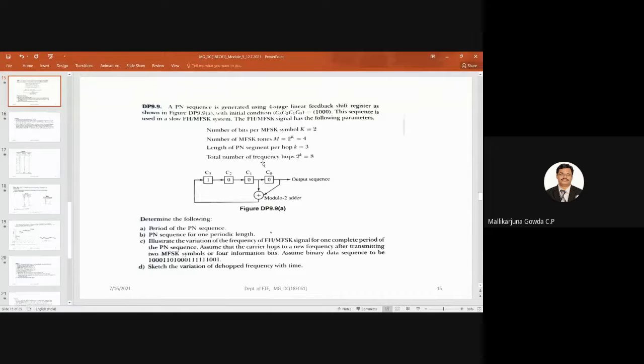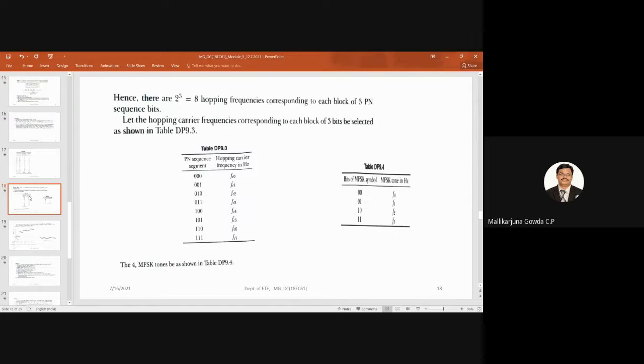So the total number of frequency hops will be 8, right? Yes, sir, 2 power k is 8. With the 3 bits, this is the hopping PN sequence from FC0 to FC7, from 3 zeros to 3 ones, named FC0, FC1, FC2, FC3, FC4, FC5, FC6 and FC7.